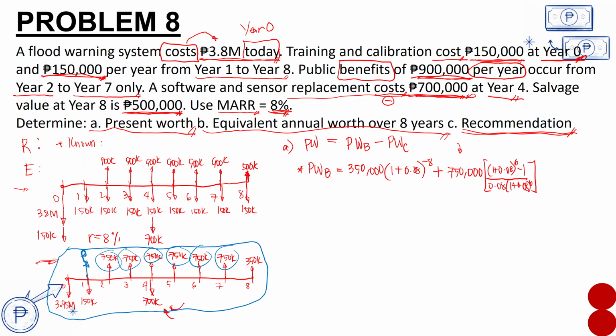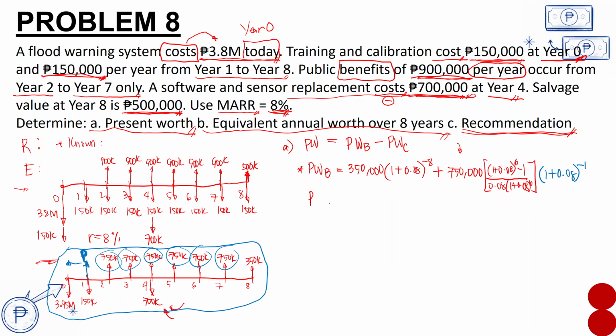So we need to multiply another factor for this one, and that is 1 plus 0.08 raised to negative 1. Why did we use 1 plus 0.08 raised to negative 1 instead of using this uniform series formula? It is because the present worth is just here. This is only 1 period, and then we just move it back in time to year 0 to get the present worth of our 750,000 pesos.